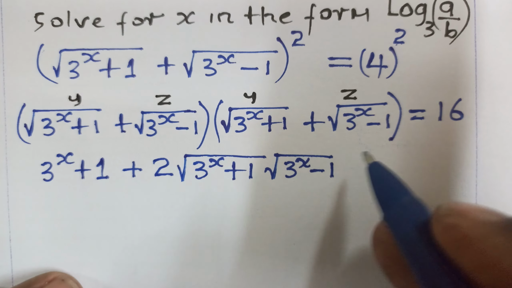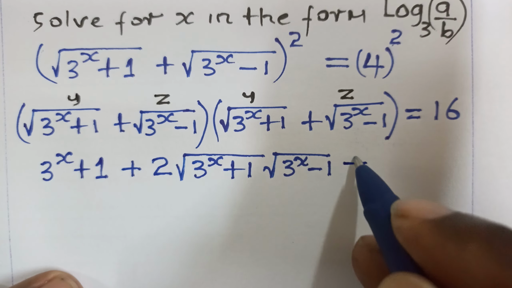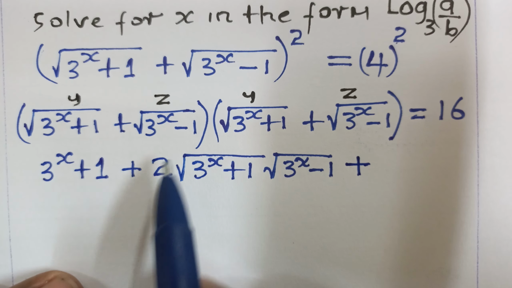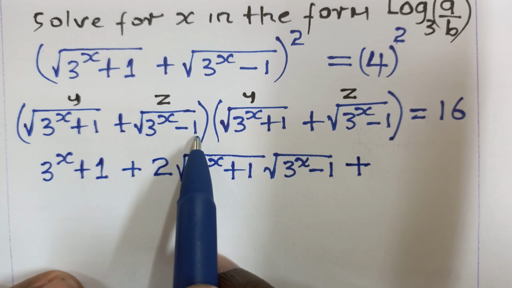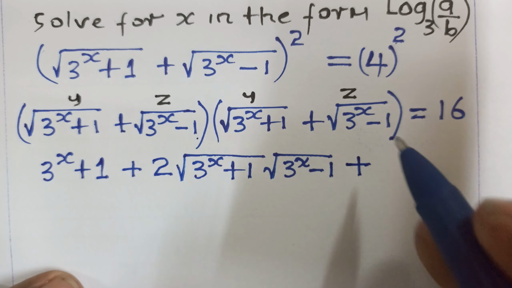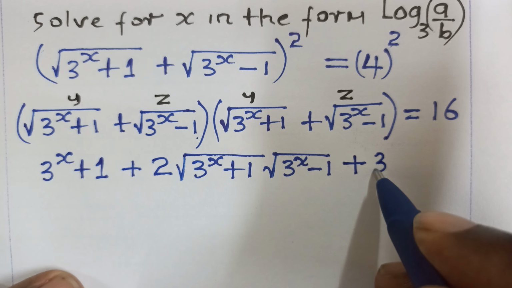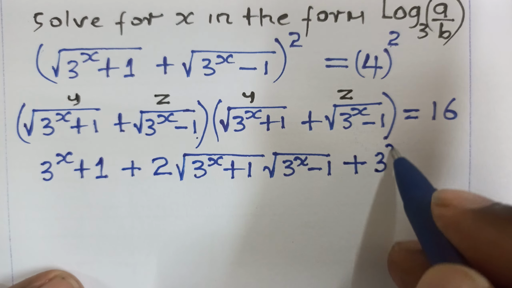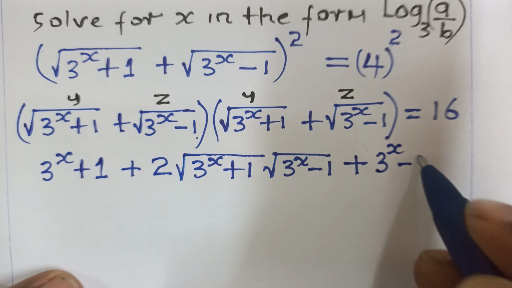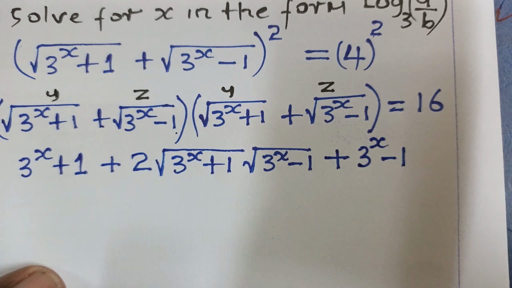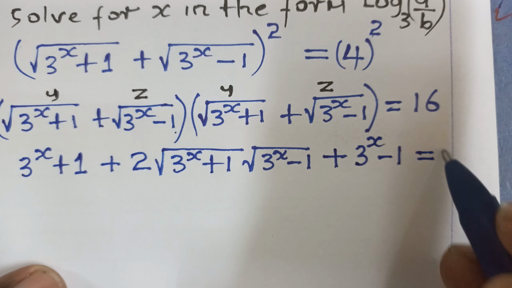Finally, z multiplied by z gives the term without a square root, 3^x minus 1. And all this is equal to 16.